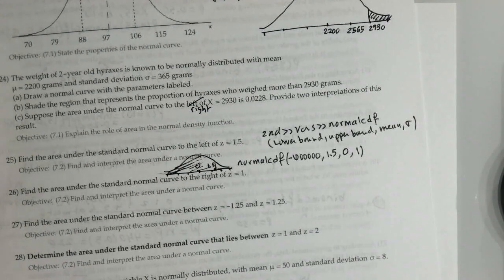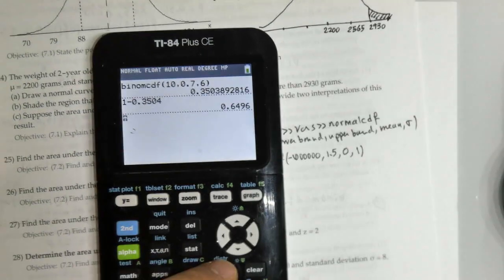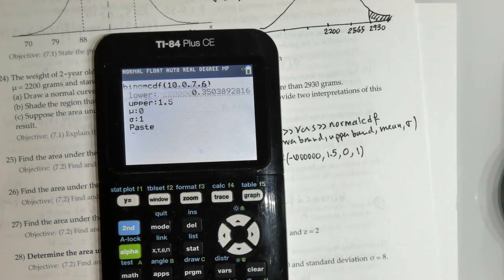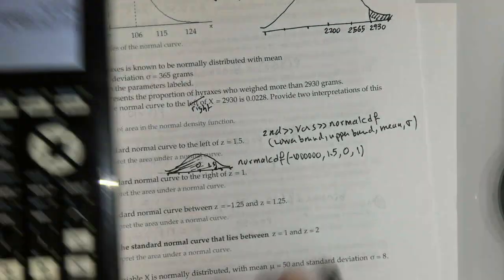How do you use the calculator to do this? Here's the calculator screen. Second, distribute, and it's number 2. You're going to be using it a lot. So negative a million, upper is 1.5, 0, 1, paste, and then you get the answer, which is 0.9332.